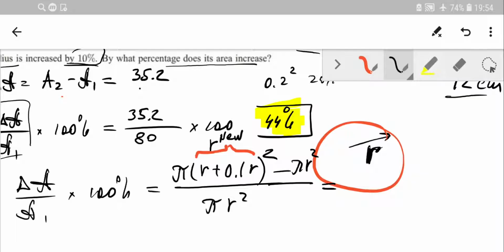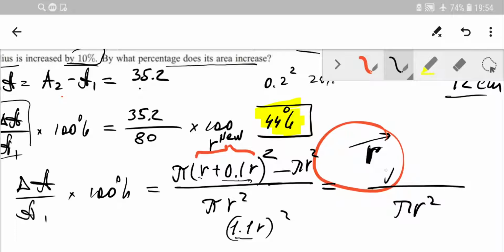So let's simplify that. Here, r and 0.1 r, I'll get 1.1 r, but I need to square this, so we need to square 1.1 and r squared as well. So 1.1 squared, I'll get 1.21. So pi times 1.21 r squared, and I just subtract pi r squared.